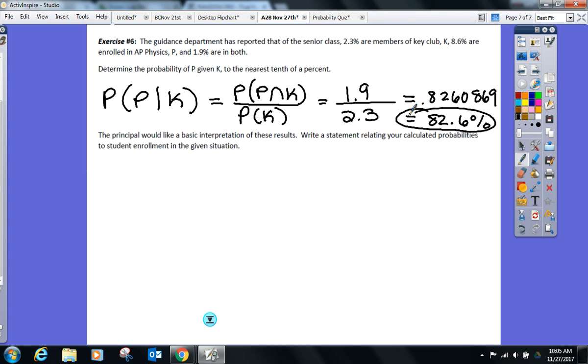And then real quickly at the end here, the principal wants an interpretation of these results. What are we going to tell them?